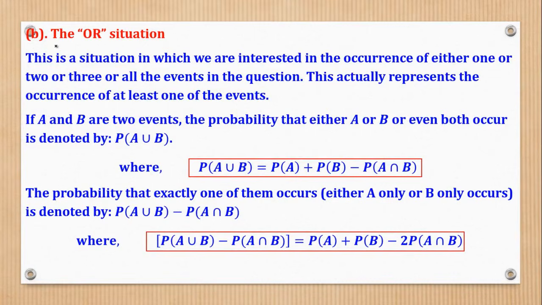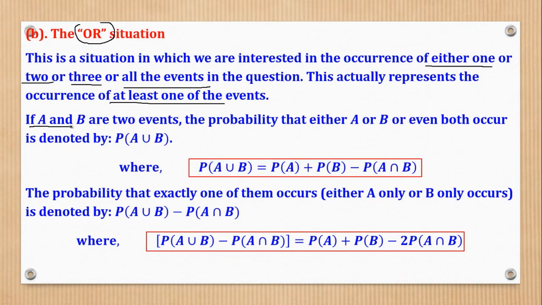Now we shall go to the second situation, which we call the OR situation. This is a situation in which we are interested in the occurrence of either 1 or 2 or 3 or all the events in the question. This actually represents the occurrence of at least one of the events. So remember, the AND means joint occurrence, but here it is at least one.